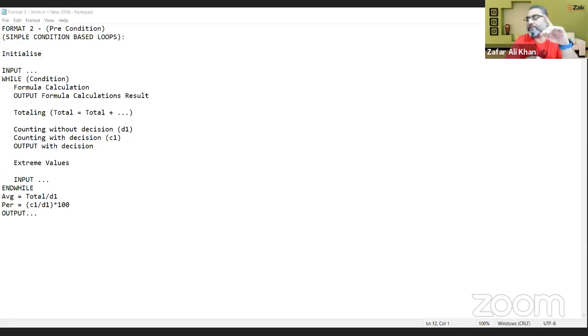you have to take the first input. Now let's say this condition is: input until the value is greater than 0. So we have to actually input the value before we enter the loop. So this would be input x, and the condition would be while x is greater than 0.